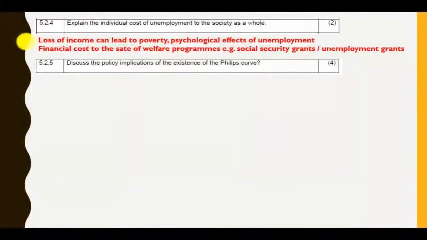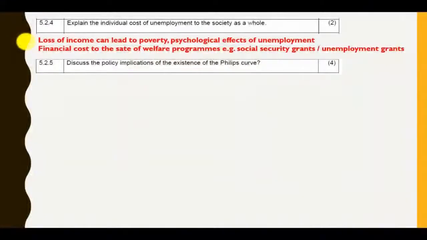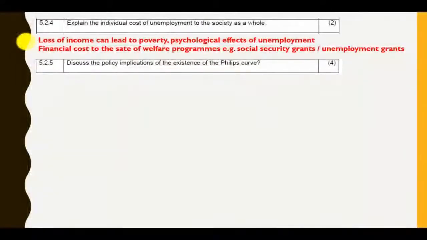That cost to society as a whole of people becoming unemployed due to COVID is increased government expenditure on social security grants like the TERS grant. Alright, so I hope that question is clear to everybody.